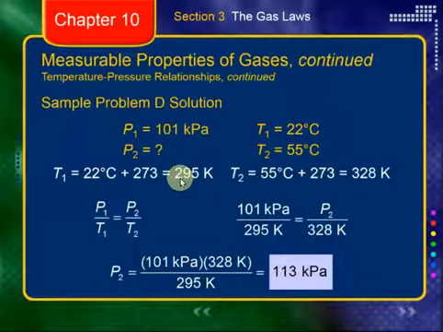So if the temperature is going up from 295 K to 328 K, and I calculated P2, the final pressure, and for some reason I came up with a number less than 101, something should strike out. That's a red flag. Something's wrong here. An increase in temperature should result in an increase in pressure according to Gay-Lussac's law, which is what we're studying, and I'm going to give you questions that show just that. So keep your eyes open.